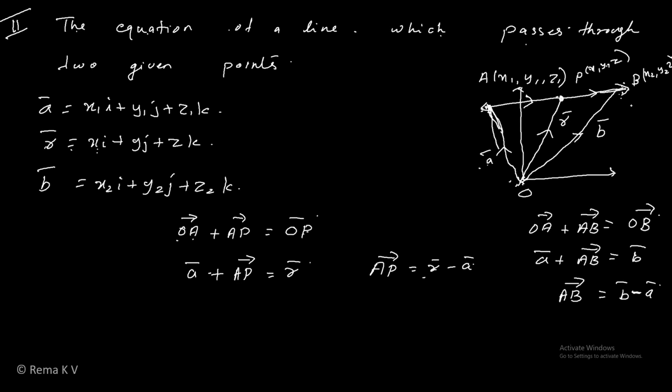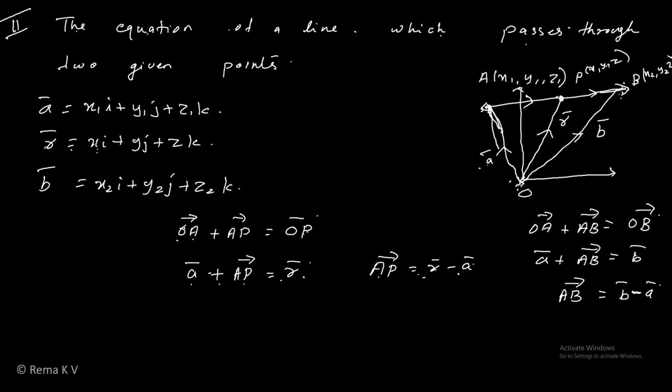Now we are applying the triangle law of addition here. First we consider the triangle OAP, and here OA plus AP is equal to OP, and OA is vector A, so A plus AP is equal to r.